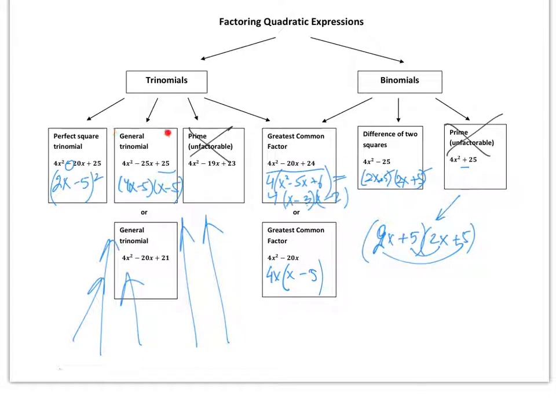It's a general trinomial or it's a perfect square trinomial. And greatest common factor can help you see what's going on inside. So this method should always go first if possible. Whenever you look at something to factor, this should be the very first thing to ask. Can I factor out something? And then you will see the structure better. Good luck.